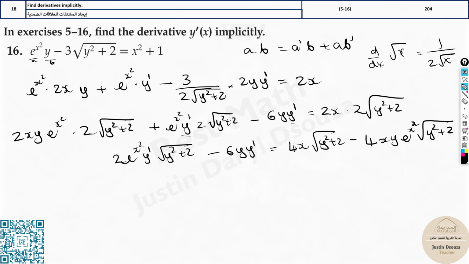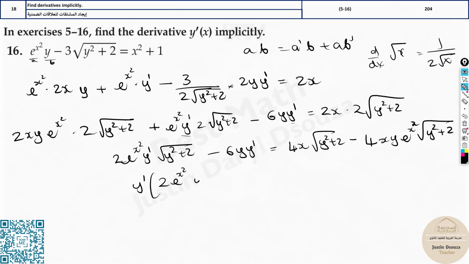Now y prime and y prime, there were two terms which are over here, then everything else to the other side. Let me take y prime term outside. Now if you're thinking, yes, you can directly remove y prime and write this divided by the remaining parts, but I'm just doing the steps here so it's very clear. I will tell you after the final answer what step you can easily avoid in a minute.